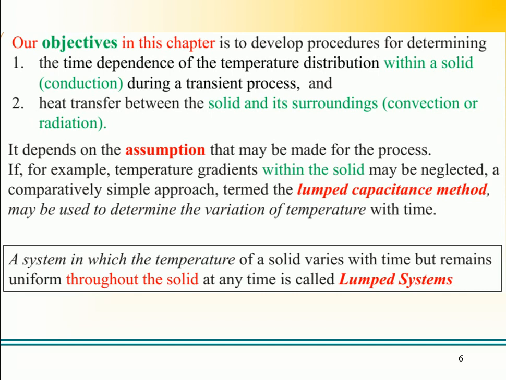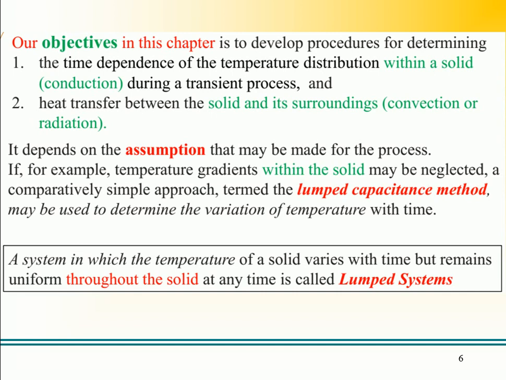We are taking the overall complete material and asking what is the amount of energy contained. Capacitance is just like the capacitor in electrical, the amount of energy contained in the material. This may be used to determine the variation of temperature with time.